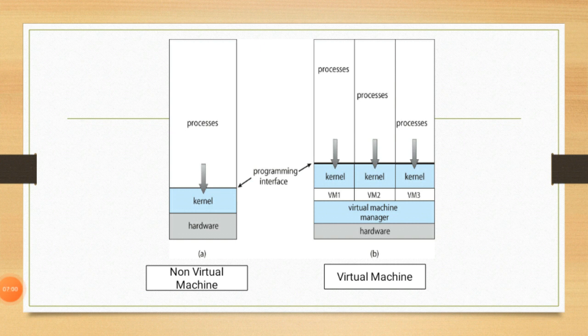Whenever we run certain processes, they have to run under two modes, that is user mode and kernel mode. The virtual machine manager runs in the kernel mode, and VM1, VM2, VM3 run in the user mode. According to the definition, VM1 is one different execution environment, similarly VM2 and VM3. Each execution environment separately has two modes, user mode and kernel mode.